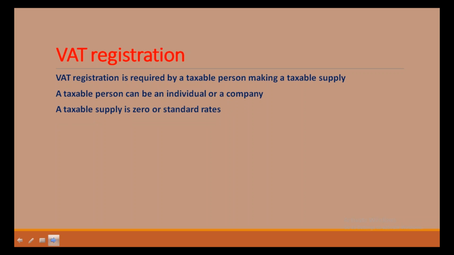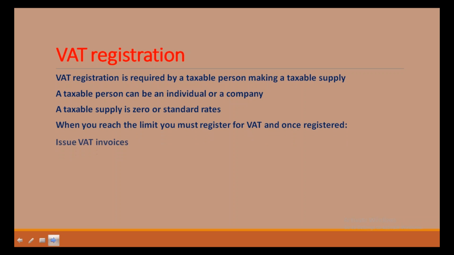The supplies, that is whatever you buy, it can be either zero or standard rate. So some things you don't need to pay taxes, some things you have to pay taxes. Then when you reach that particular limit, the examiner might tell you quarterly limit is 150,000 pounds, and after that you must register yourself with HMRC.